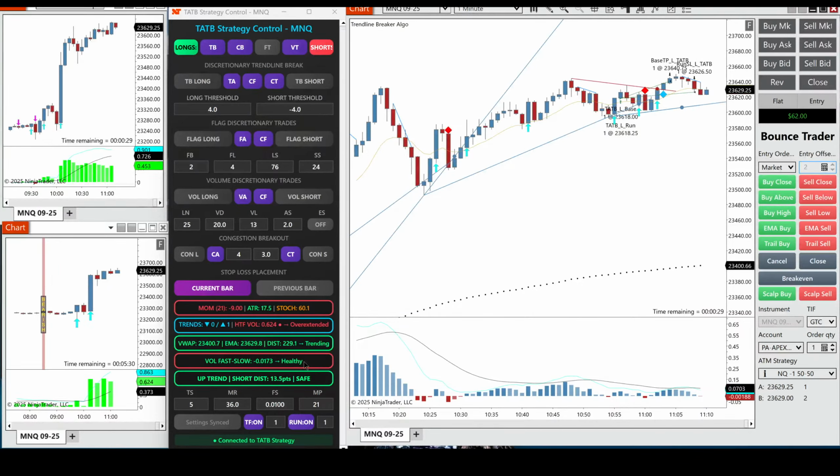I usually don't avoid trades when these EMAs are overlapping, or the distance between them is less than 0.01. It still shows healthy, but yeah, no signals yet. Flag up setup.